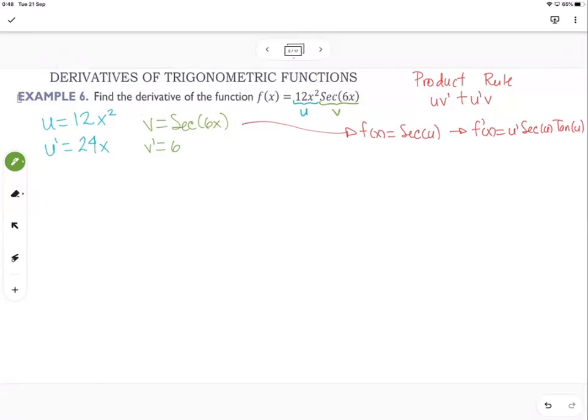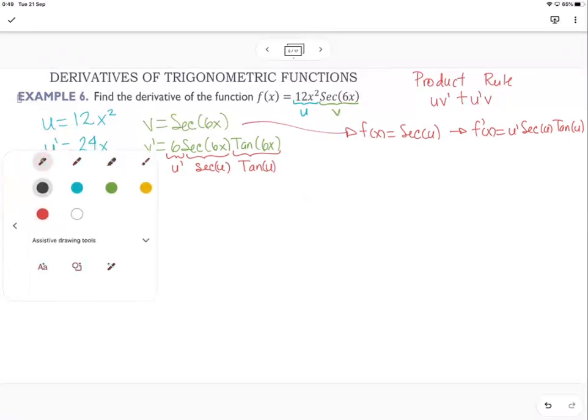So this is going to be 6 secant of 6x times tangent of 6x. So this is u prime. This is secant of u, and this is tangent of u. Okay? I'm just following the formula.